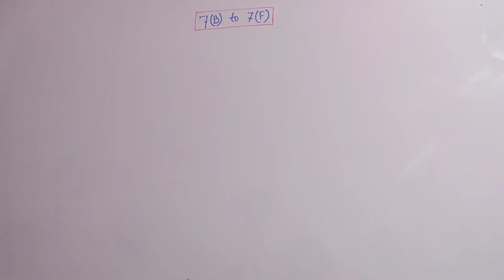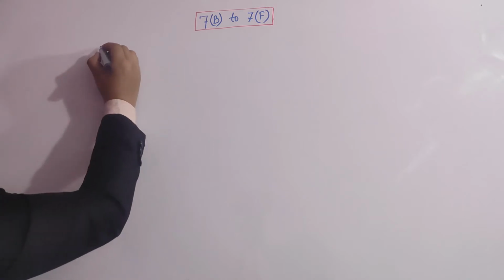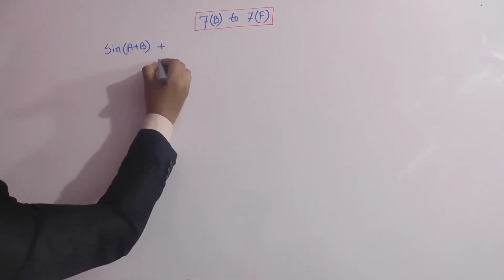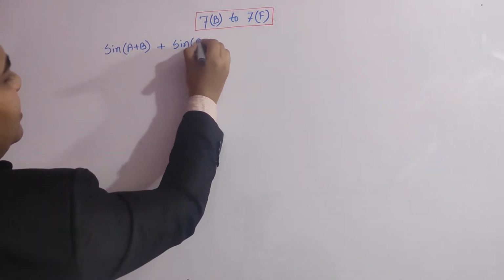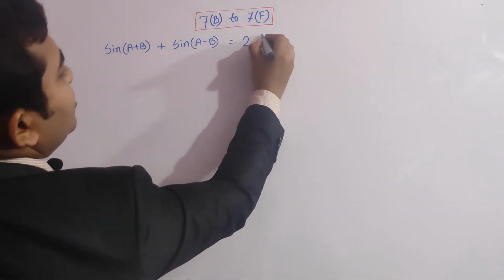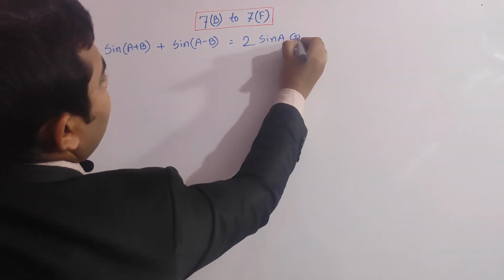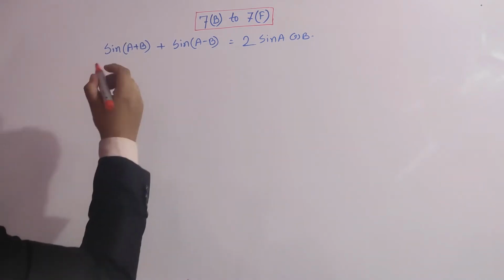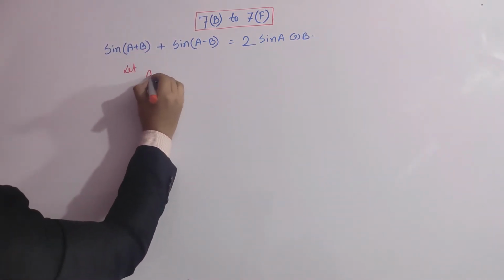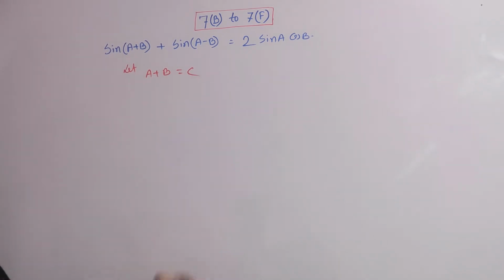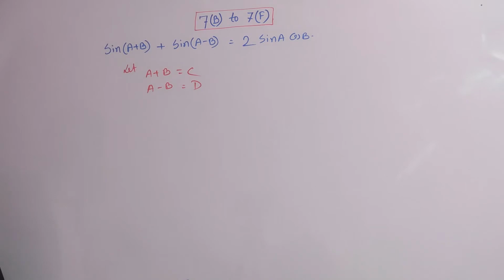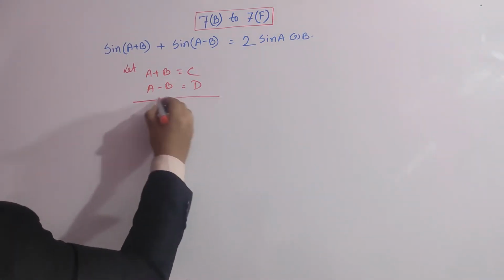So dear students, what I was talking about: sin A plus B plus sin A minus B equals 2 into sin A cos B. If we let A plus B be C and A minus B be D, then what's the value of A and B? Exactly, we go for the addition first.